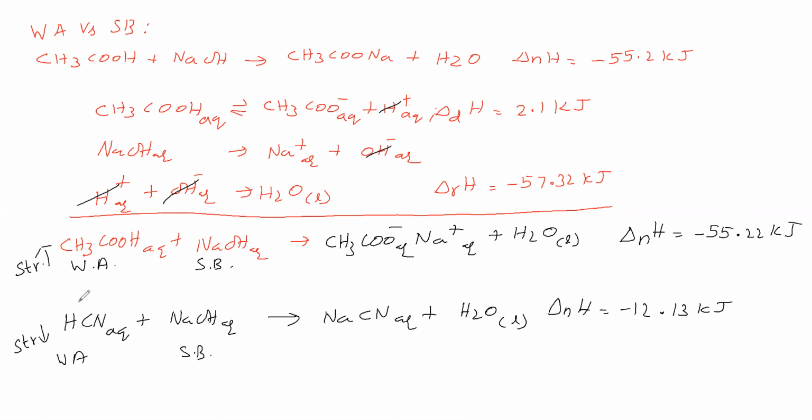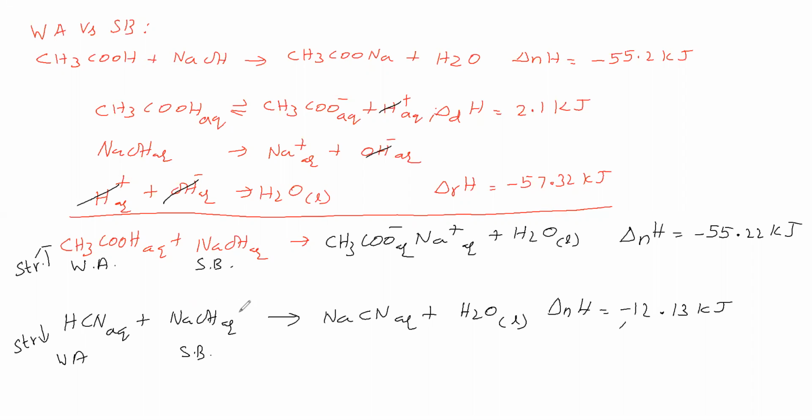If we take a different weak acid, the enthalpy of neutralization will be different, because different weak acids have different extents of dissociation and require different amounts of energy for complete dissociation. Therefore, enthalpy of neutralization depends on which weak acid we take. Okay. Therefore, for weak acid versus strong base, the enthalpy of neutralization is low when compared to strong acid and strong base.